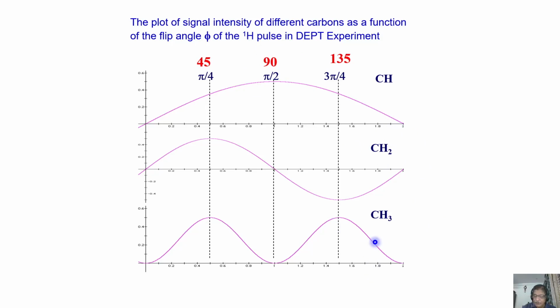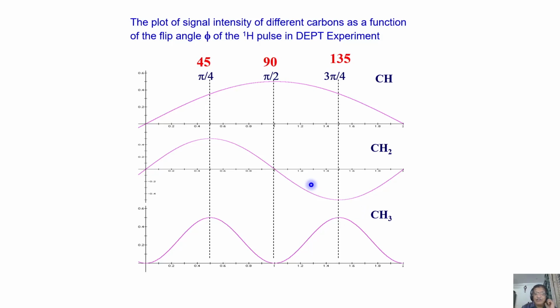What I will do is another experiment with the last flip angle pulse as 135 degrees. Remember, I do three experiments. One is 45, one is 90 degree, other is 135. In which case, you look at the intensity of the signals. CH is positive, CH3 is positive, and CH2 is negative.